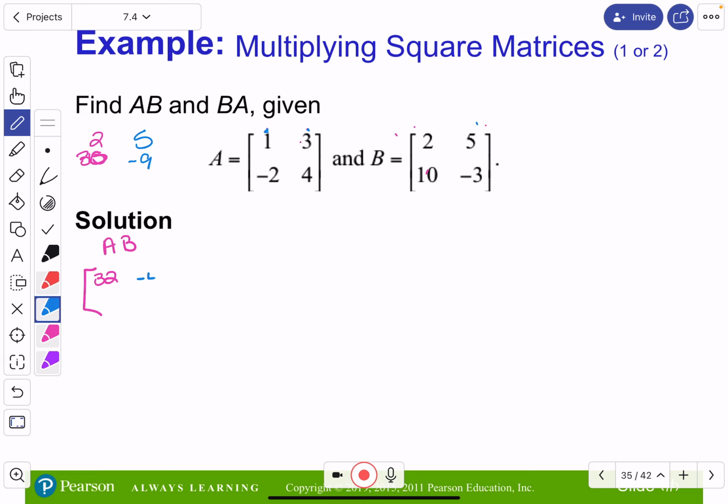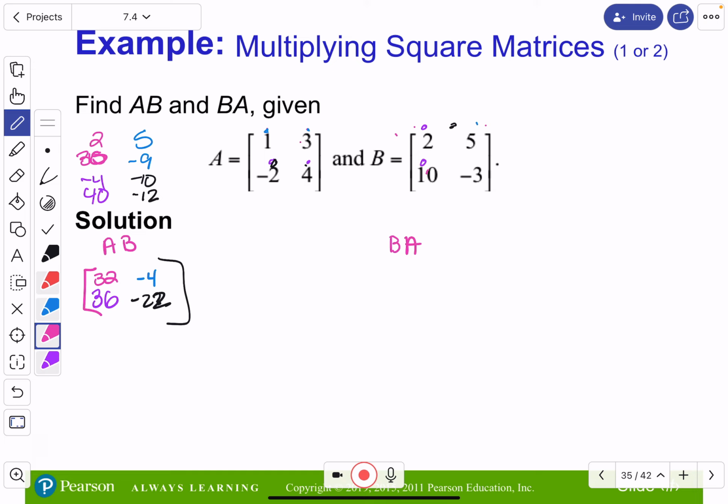So that's negative 4. Then we do negative 2 times 2 and 4 times 10. So we get 36. And then we do negative 2 times 5 and 4 times negative 3. We get negative 22. So that's A times B.